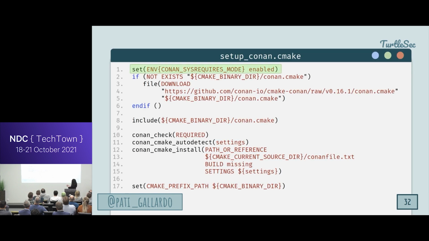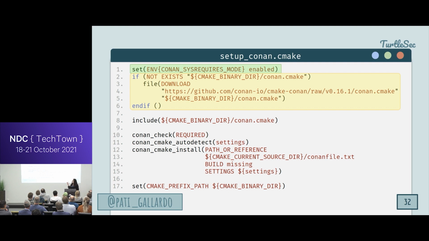The first thing I do up here is set the sysrequires mode to enabled. This means that Conan is allowed to install system packages. This only happens on Linux. There are some system packages that are required, and that is true for all of the dependency managers, but for the other ones, I have to install them myself.